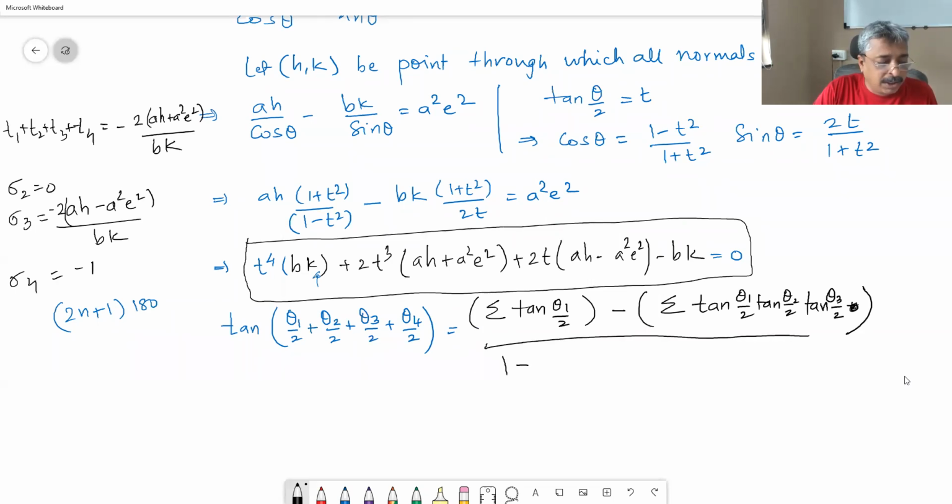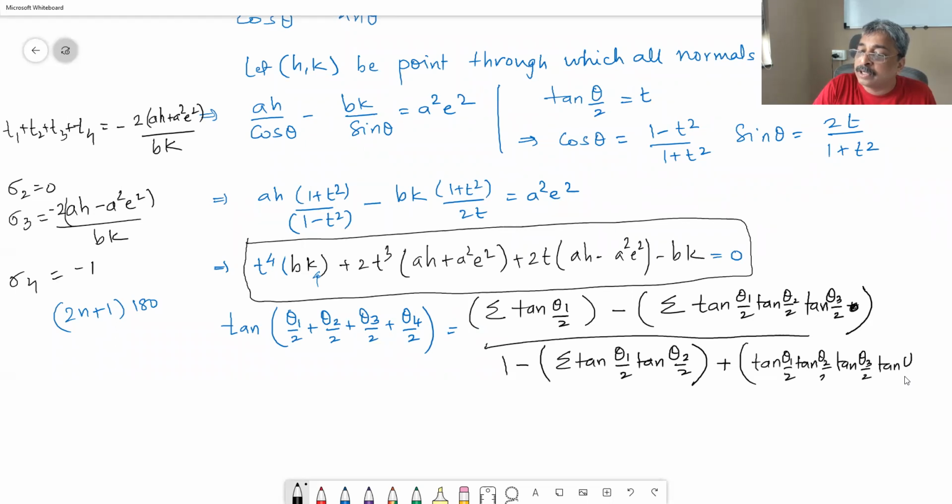Denominator you have 1 minus sigma tan theta 1 by 2 tan theta 2 by 2, 2 at a time, plus 4 at a time, all of them: tan theta 1 by 2, tan theta 2 by 2, tan theta 3 by 2, tan theta 4 by 2.